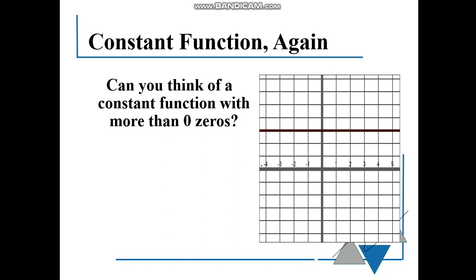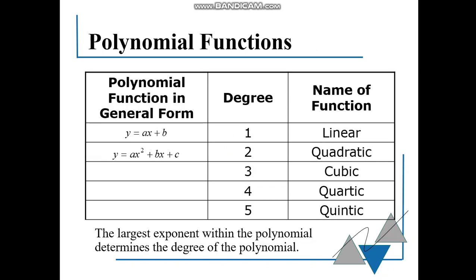If we draw a constant function right on the x-axis, we actually have a line with an infinite number of x-intercepts. I know it's kind of weird. So the function f of x equal to 0 is kind of the oddball out. But we're not going to worry about that very much.